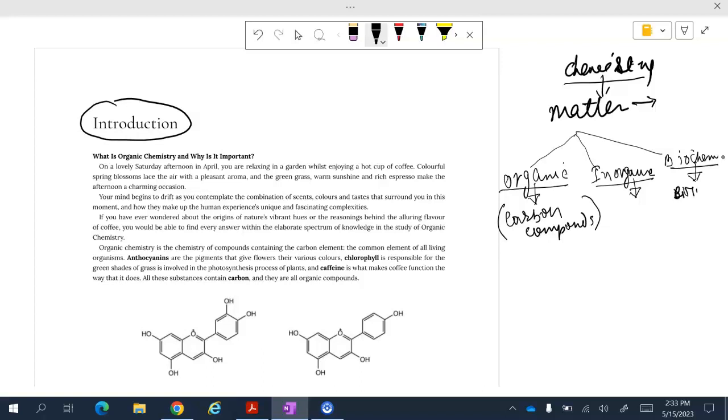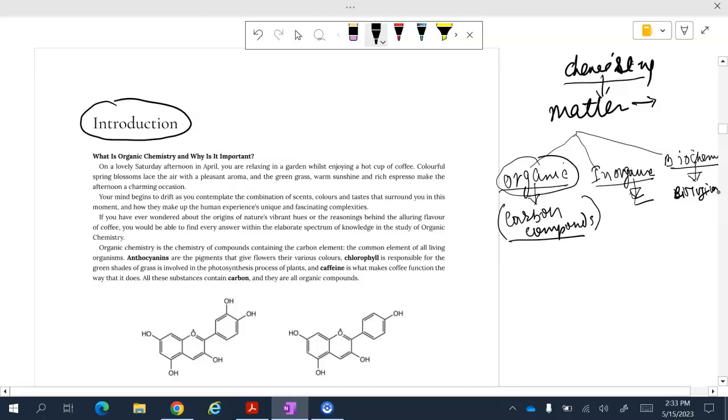Inorganic is the chemistry of all other non-carbon compounds and also some carbonates and bicarbonates, and organic chemistry is the carbon containing compounds. That is what we study in organic chemistry.